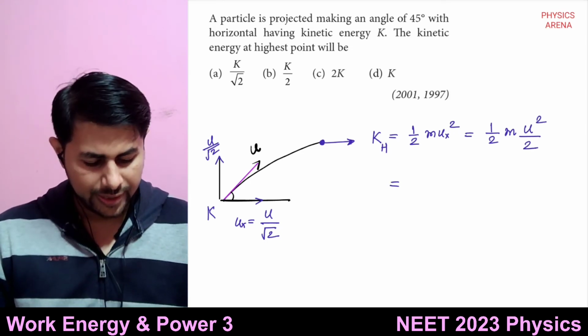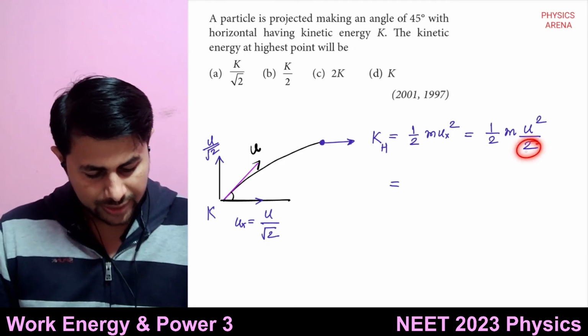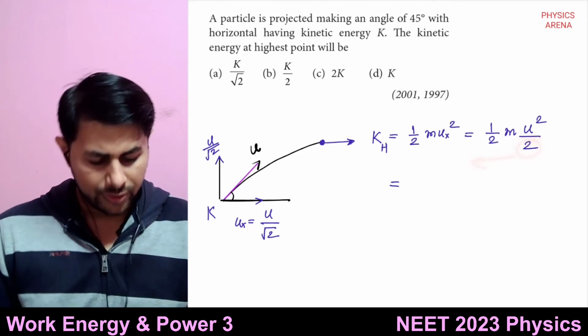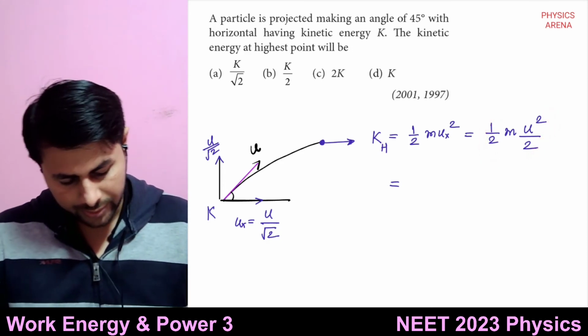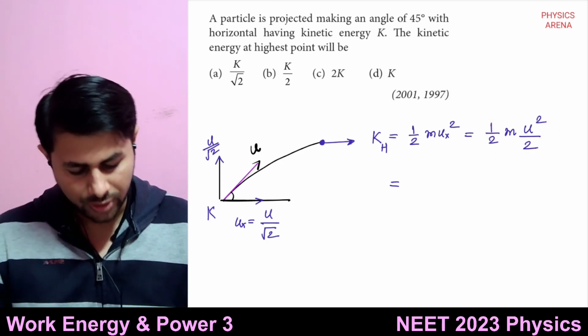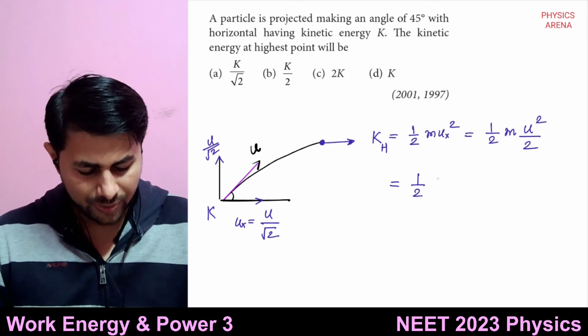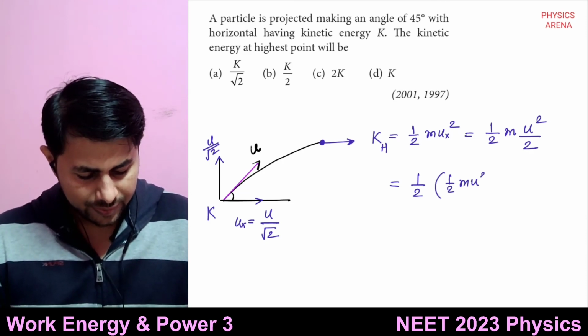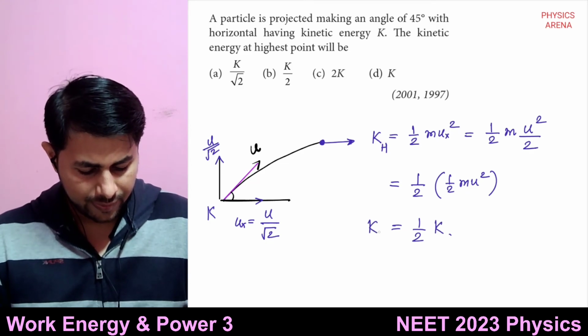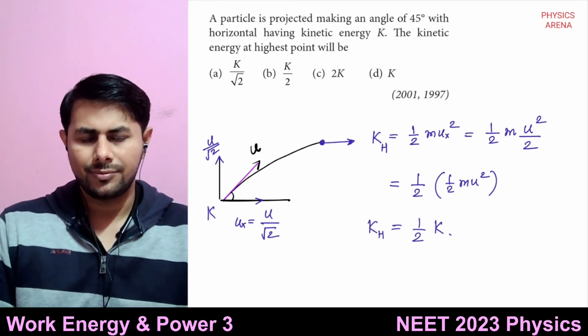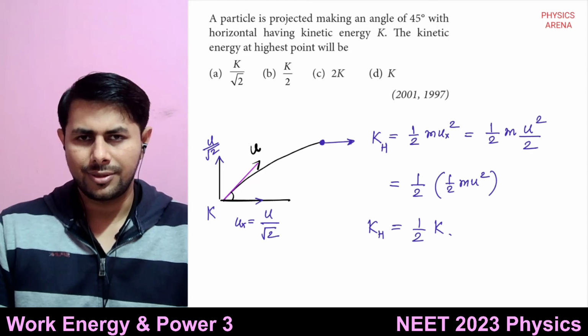So it is half times half of m u square. So that is half of the initial kinetic energy, right?